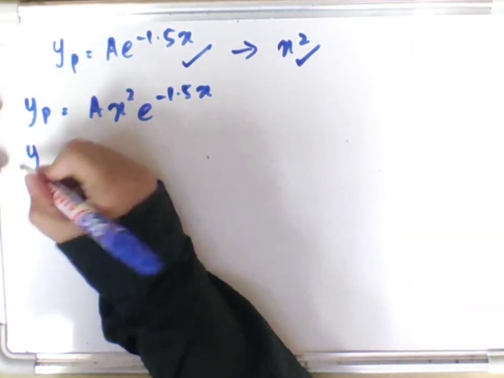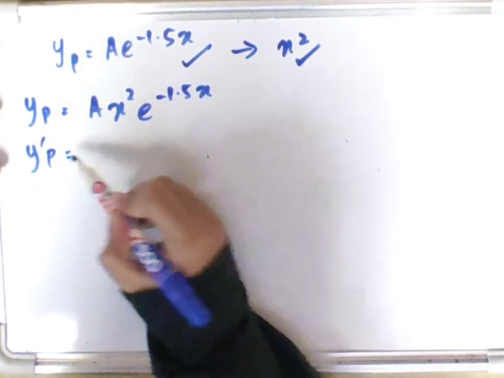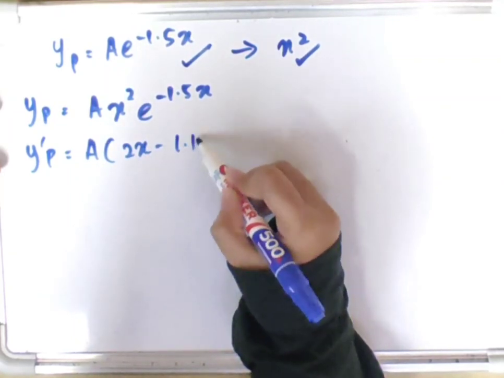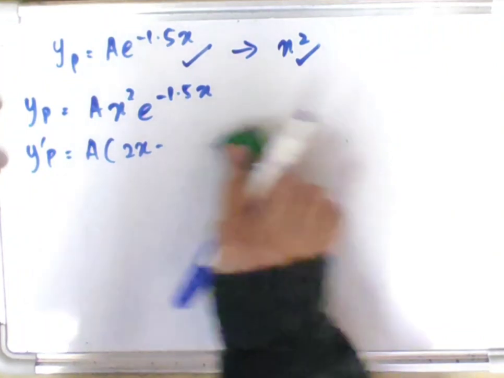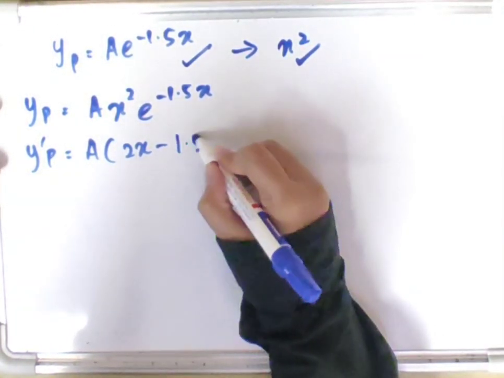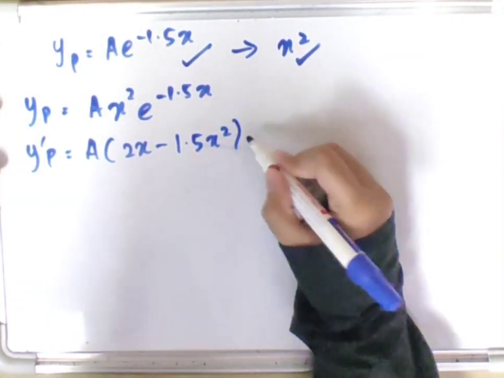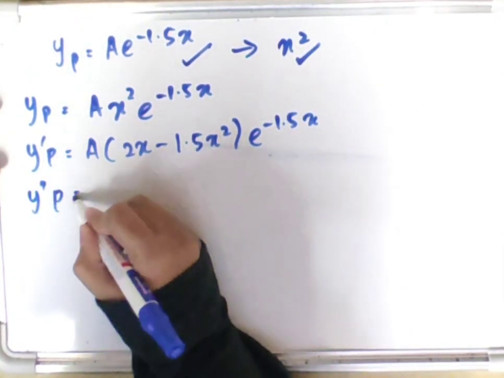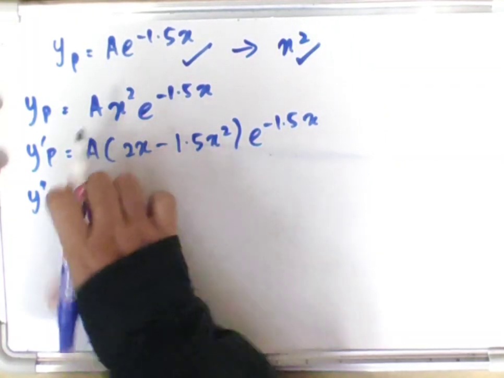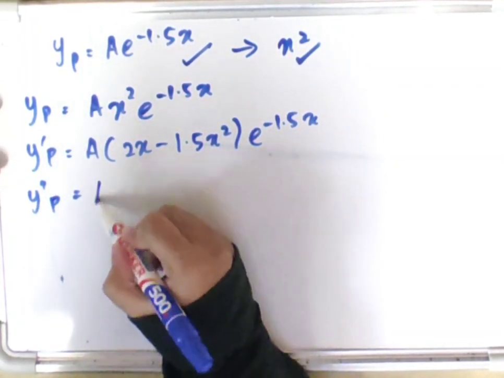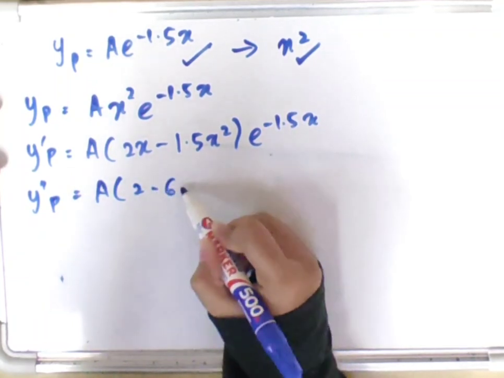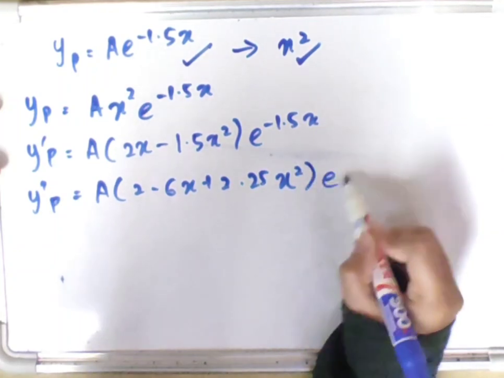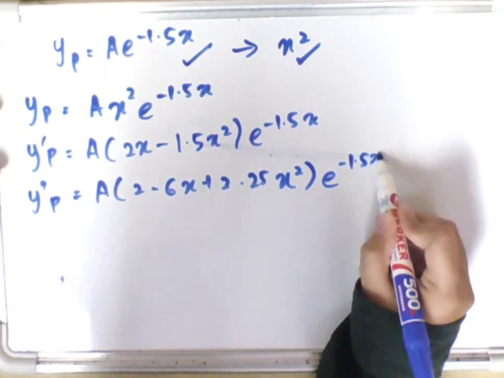So y p equals a x squared e to the negative 1.5x. Differentiating, y prime p is a (2x minus 1.5x squared) e to the negative 1.5x. Differentiating again, y double prime p is a (2 minus 6x plus 2.25x squared) e to the negative 1.5x.